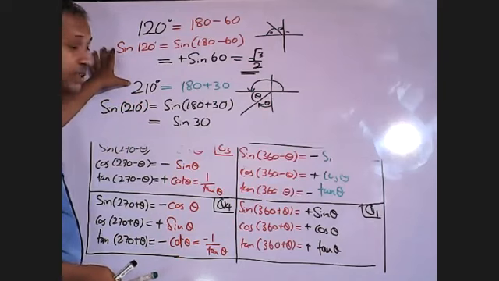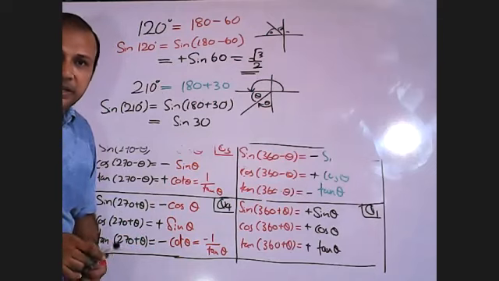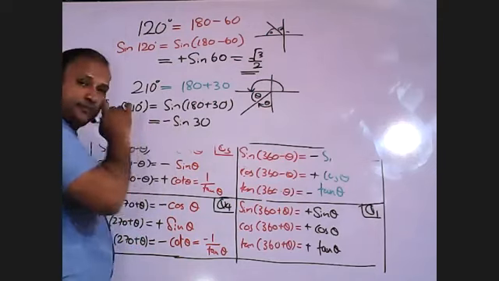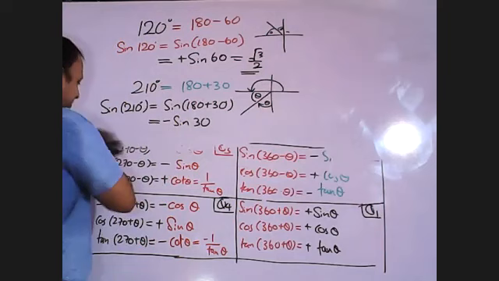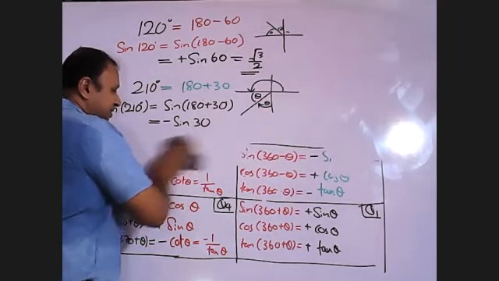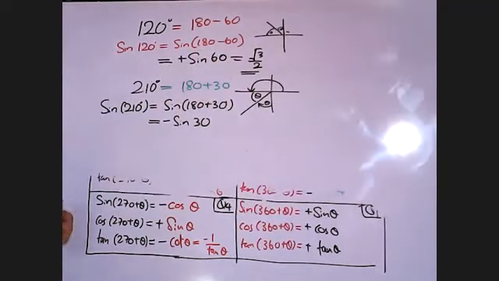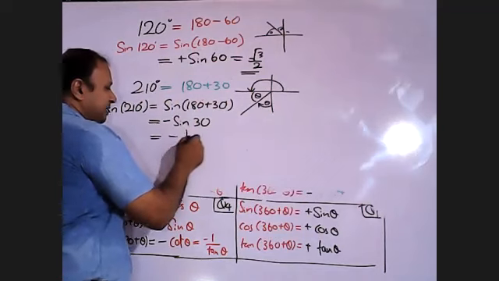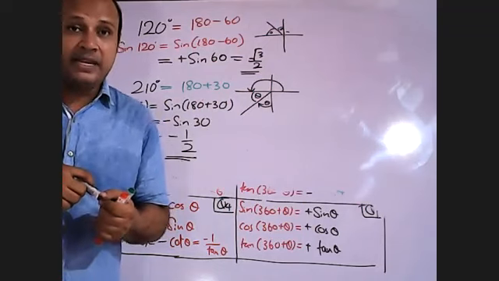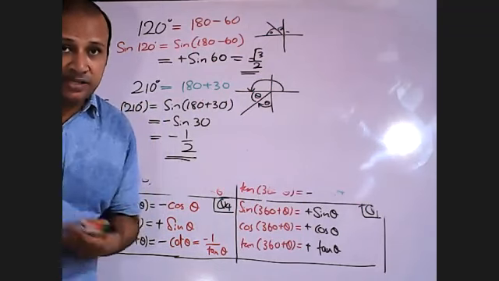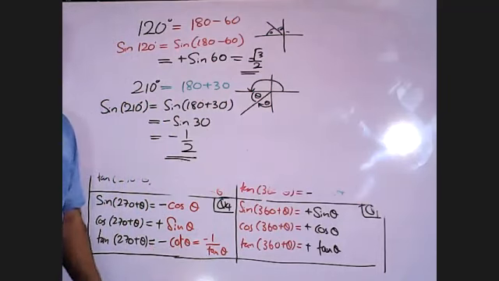Therefore, the sine value in the third quadrant is negative. Therefore, this one is equal to minus half, since sine 30 is half. Did you understand? Clear now?